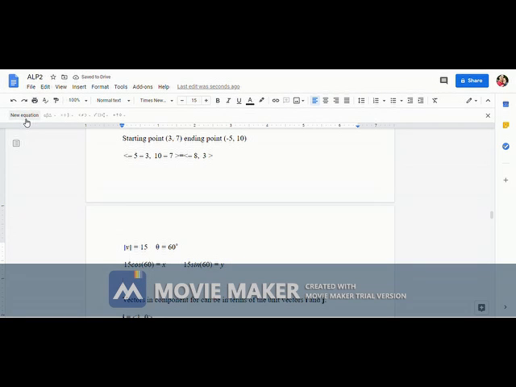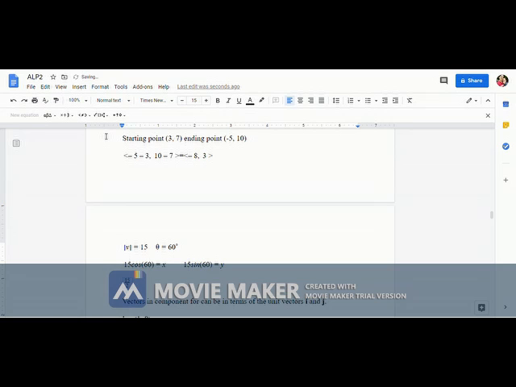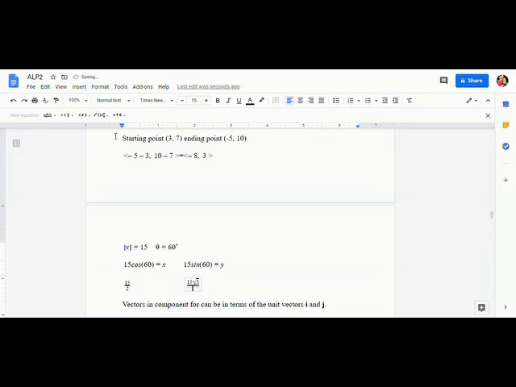Okay, so we know that cosine of 60 equals 1/2. So this is going to become 15 over 2. And then we know that sine of 60 is the square root of 3 over 2. So this is 15 times the square root of 3 over 2.